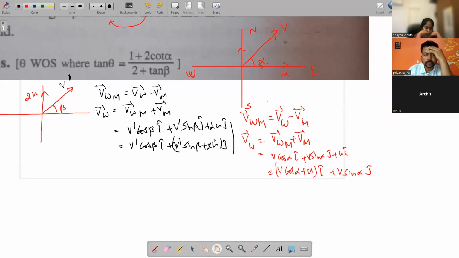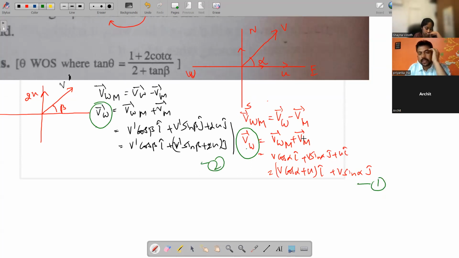Now you can see this is the actual velocity of wind, and this is also the actual velocity of wind, right? So both have to be equal from both the equations. This is case one, suppose, and this is case two. In case one, we have got the actual velocity of wind, and from case two also we got the actual velocity of wind. Understood? But sir, they are just velocities that are being observed from that place.